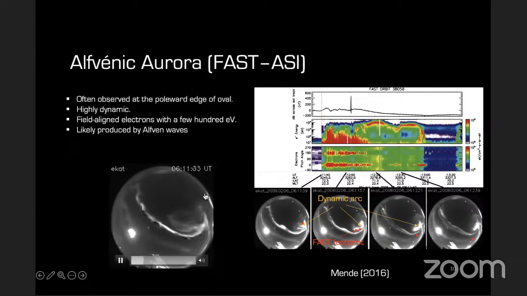This is an example of Alfvénic aurora simultaneously observed by THEMIS ASI and FAST spacecraft. We can see when FAST first crossed a dynamically moving auroral form near the poleward boundary. Here, the satellite observed precipitating field-aligned electrons.